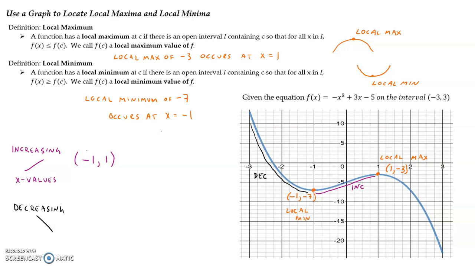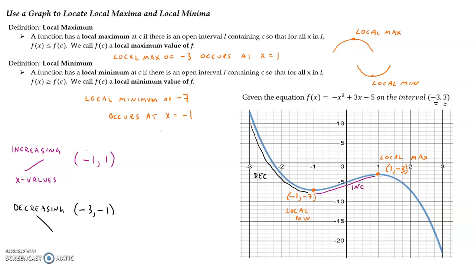And let's go ahead and use the x values for that interval. Keep in mind our graph here is only graphed on the interval from -3 to 3. So they gave us some restrictions as to the portion of the graph we're looking at. So my smallest x value for this portion is the -3. The largest x value is where that local minimum occurs at -1. And I'm going to list this as an open interval.